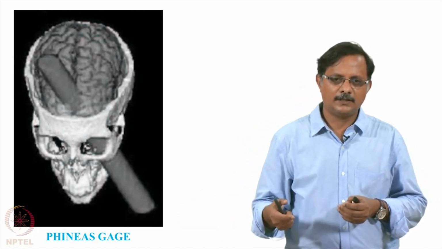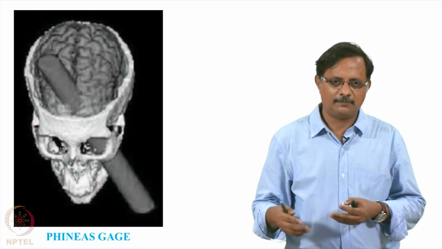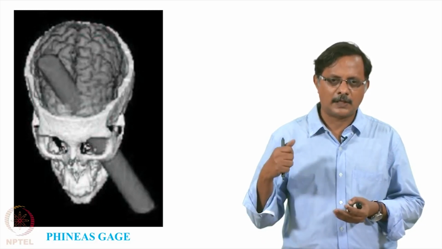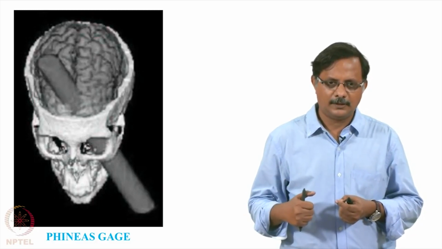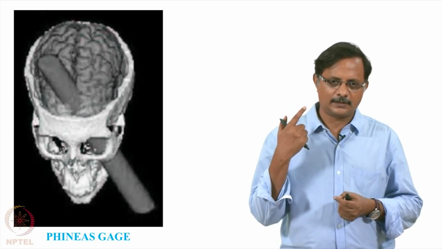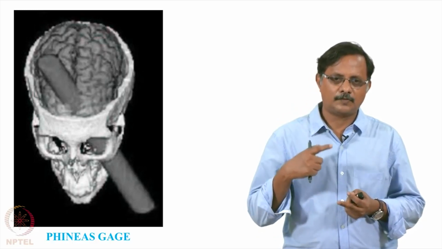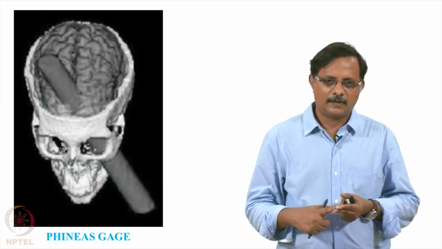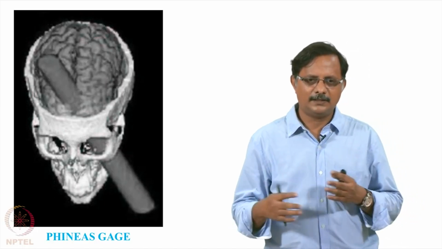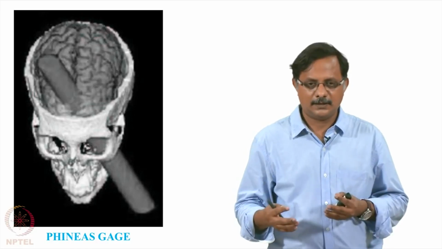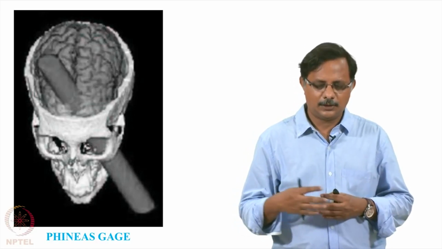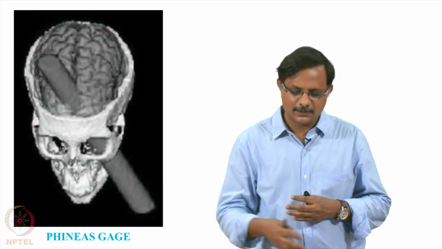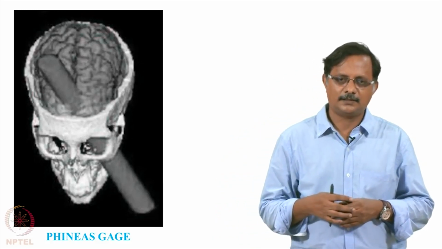As he was doing that once, the bombs blew up on his face, and the crowbar with which he was packing the ammunition went through his prefrontal cortex, damaging his orbitofrontal cortex and dorsolateral prefrontal cortex. After that he survived, but there were very profound personality changes in this subject, and this is how the doctor who treated him would describe Gage's personality.